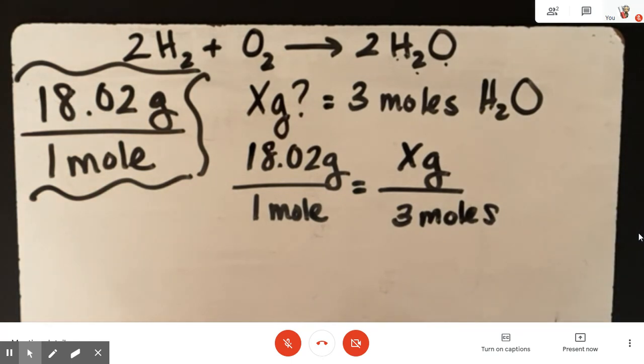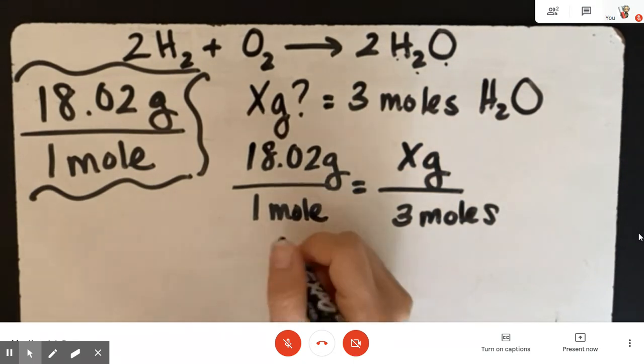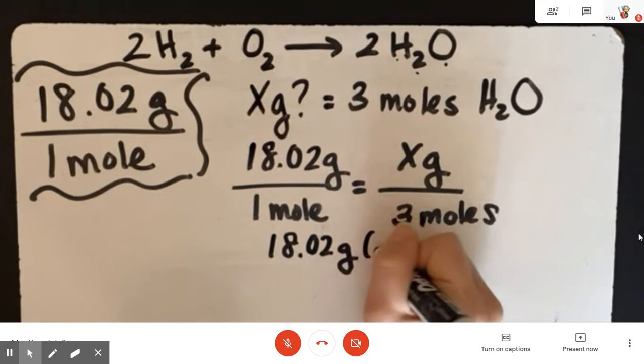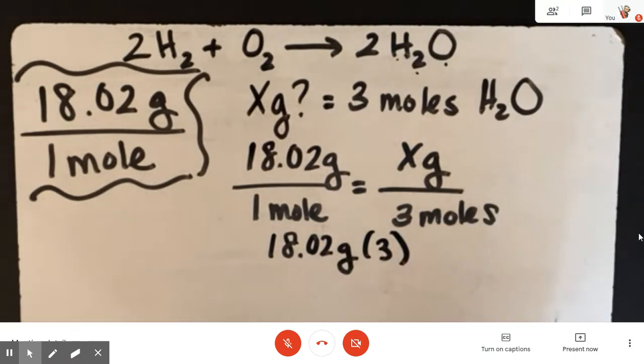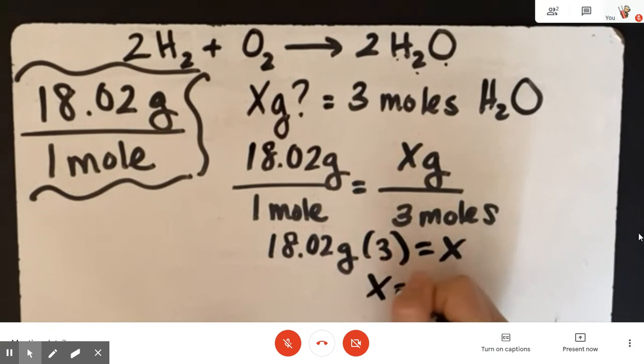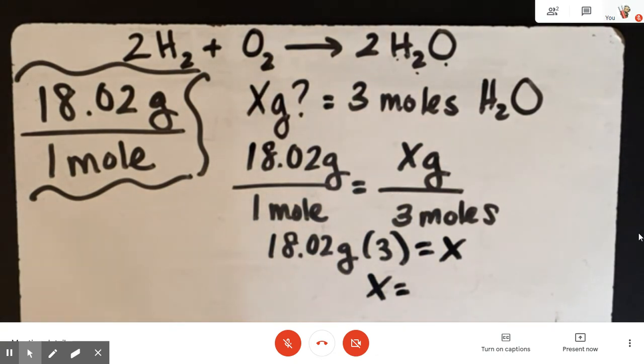And when you do so in this case, you would find that you would get 18.02 grams times 3 equals X. And you would find out that X is equal to somewhere close to 60 grams of water or so. Okay?